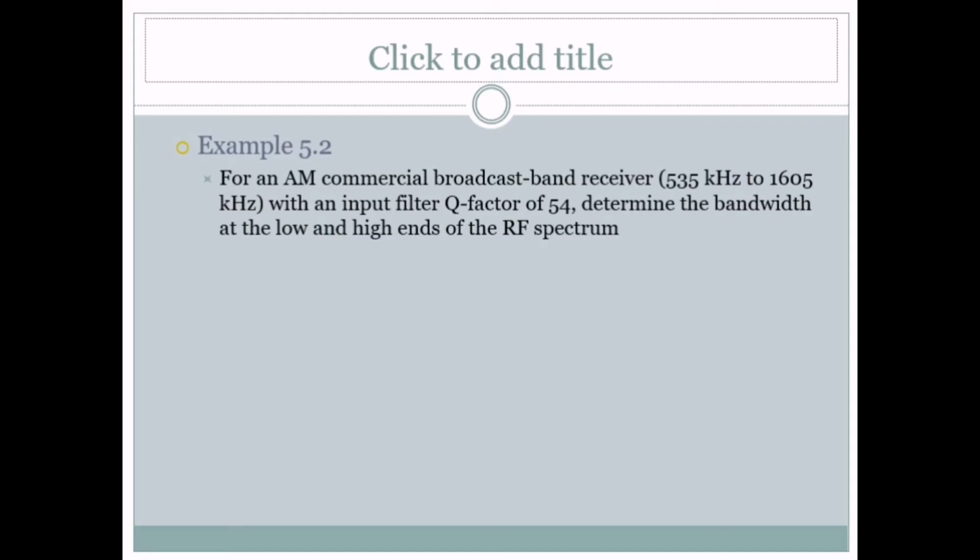Let's look into this example. For an AM commercial broadcast band receiver operating from 525 kHz to 1605 kHz with an input filter Q factor of 54, determine the bandwidth at the low and high end of the RF spectrum.